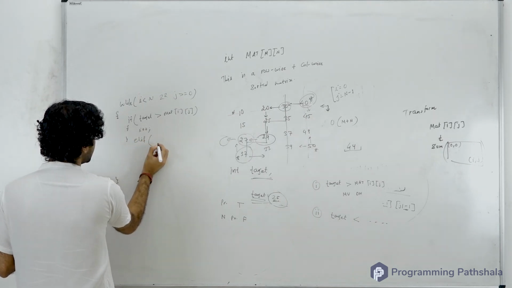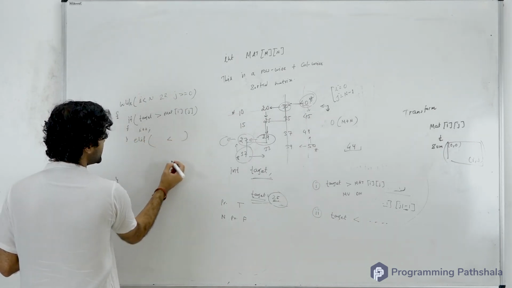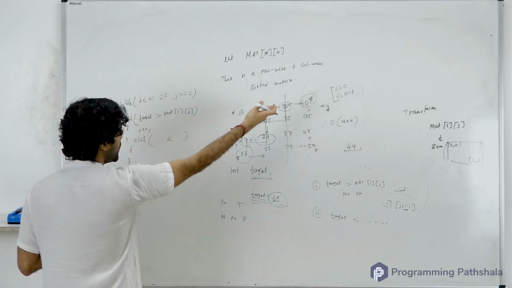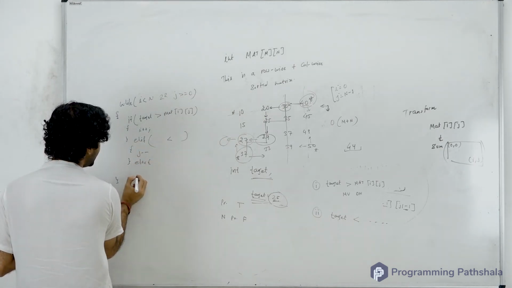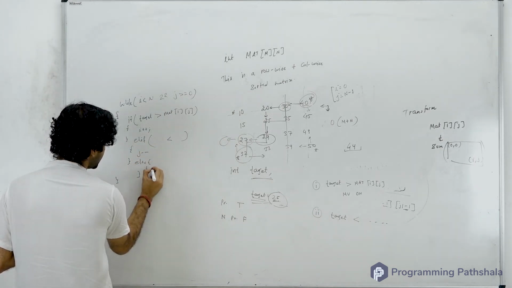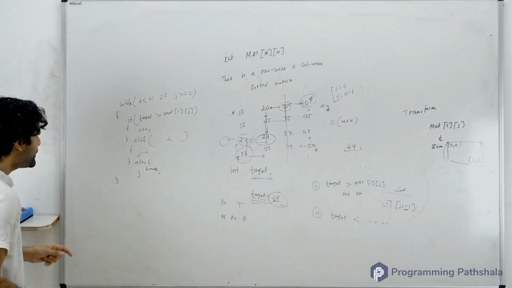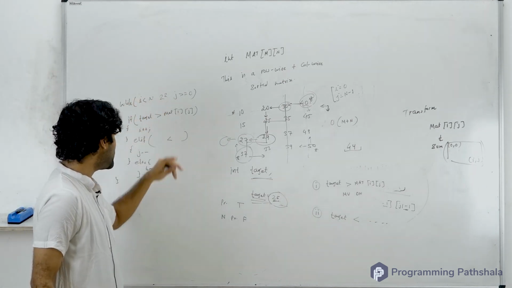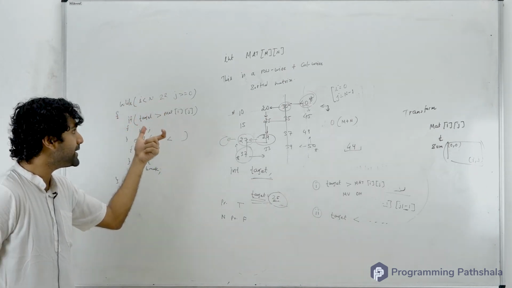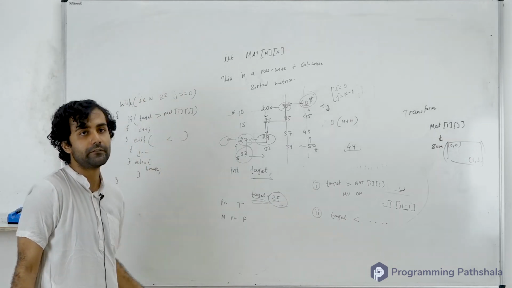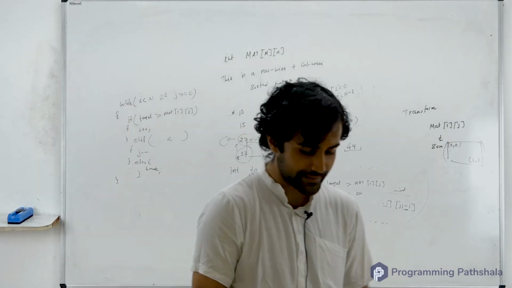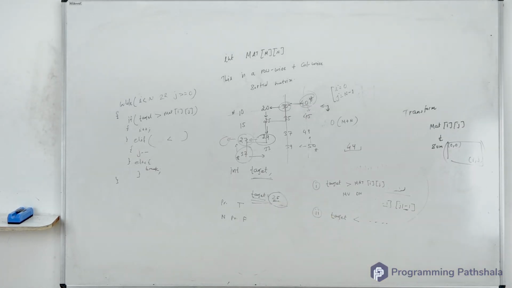Else if the target happens to be smaller, then you will go left. Going left means j minus minus. Else you will simply break. And once you break, whatever is your instantaneous value of ij, that particular thing is your value. If that particular thing is your value, then you can just return those coordinates, and that would correspond to your answer.